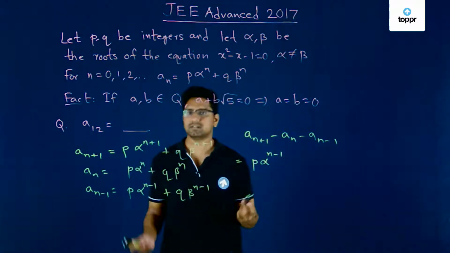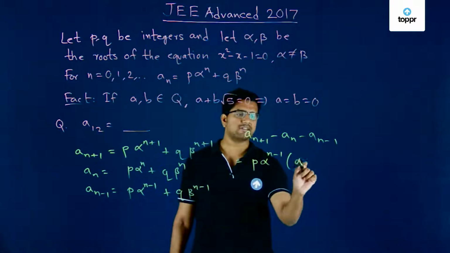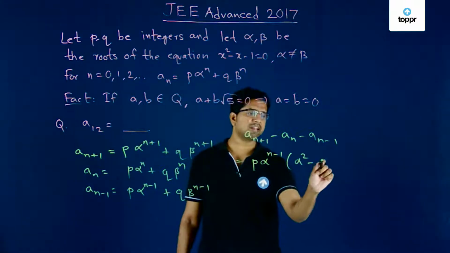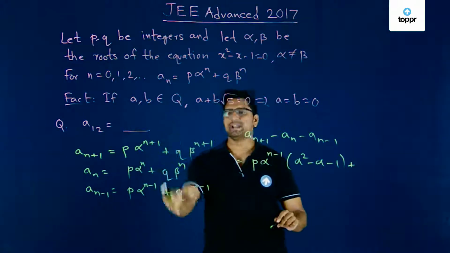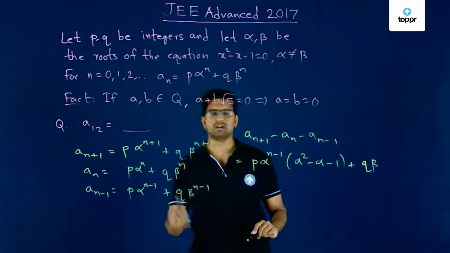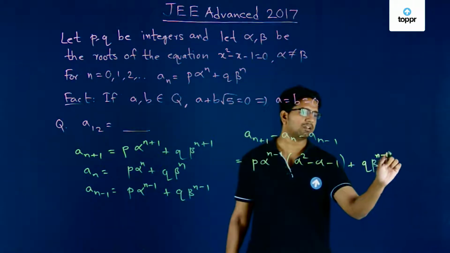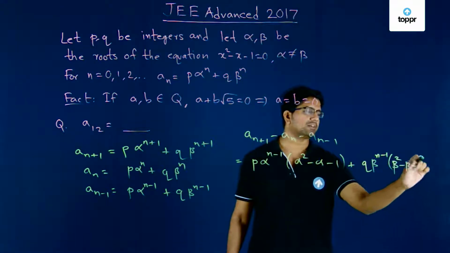P alpha power n minus 1 may be taken as common in these three terms, and then it becomes alpha square minus alpha minus 1. Okay, and similarly, if we take q beta power n minus 1 as common, then what is remaining? The remaining terms will be beta square minus beta minus 1.